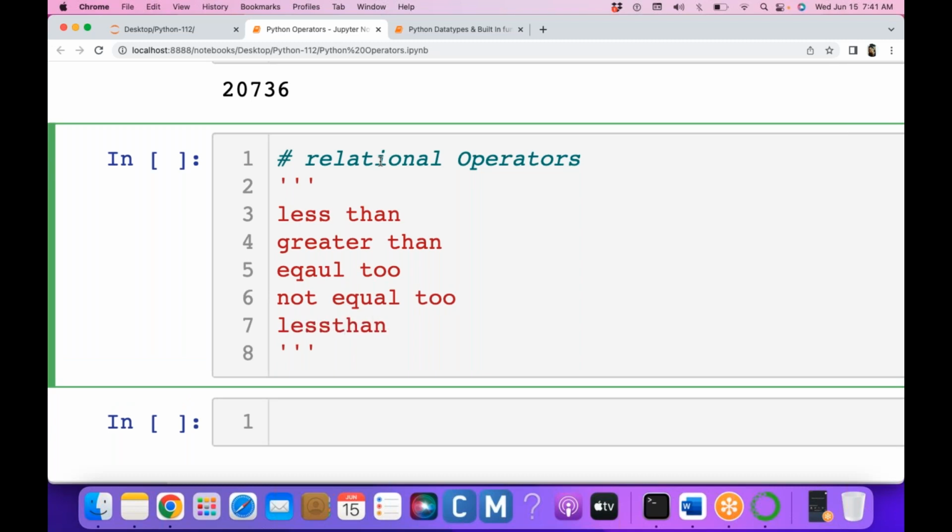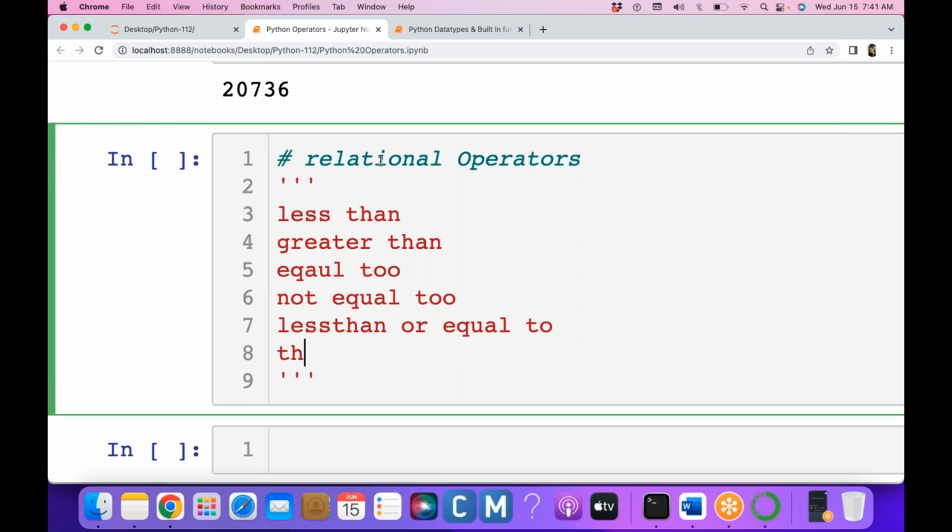I think you've seen this kind of thing, right? So if you want to perform this kind of operation, we have specific operators.